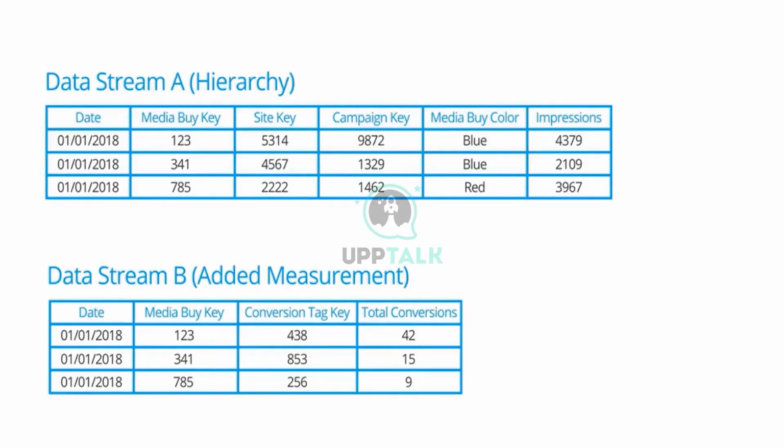Maybe media by key, site key, campaign key. Keep this as a note as well: if someone asks you what a data set with full hierarchy is, it is a data set which contains media by site and campaign. You have data stream A as the hierarchy, and then data stream B comes with an added measurement of conversion tag, like total conversions.